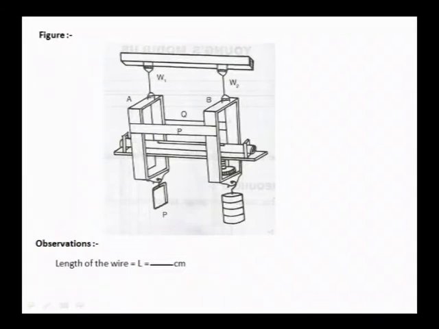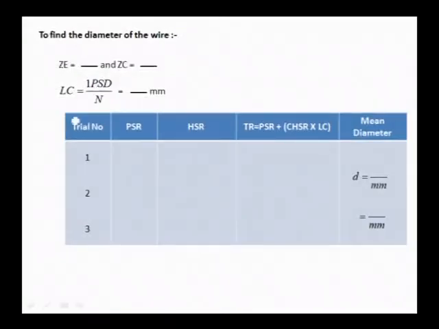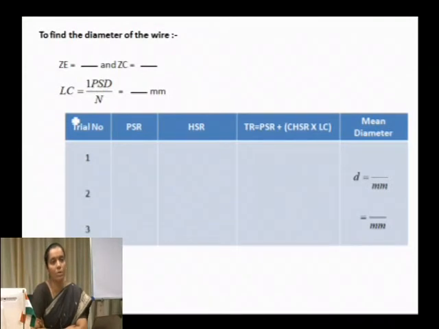The least count of the micrometer is given as LC, that is equal to 1 PST by N. The 1 PST is equal to 1 mm, and the number of divisions on the head scale is 100. So, 1 mm by 100 gives us a least count of 0.01 millimeter.